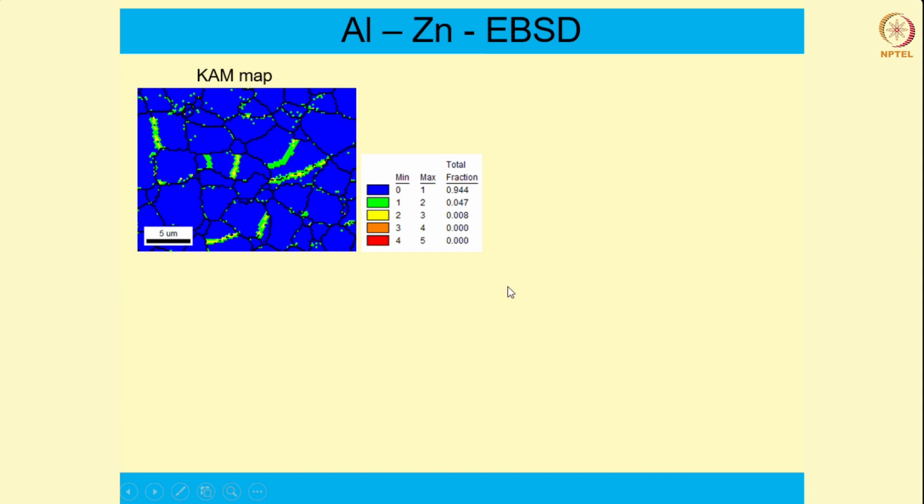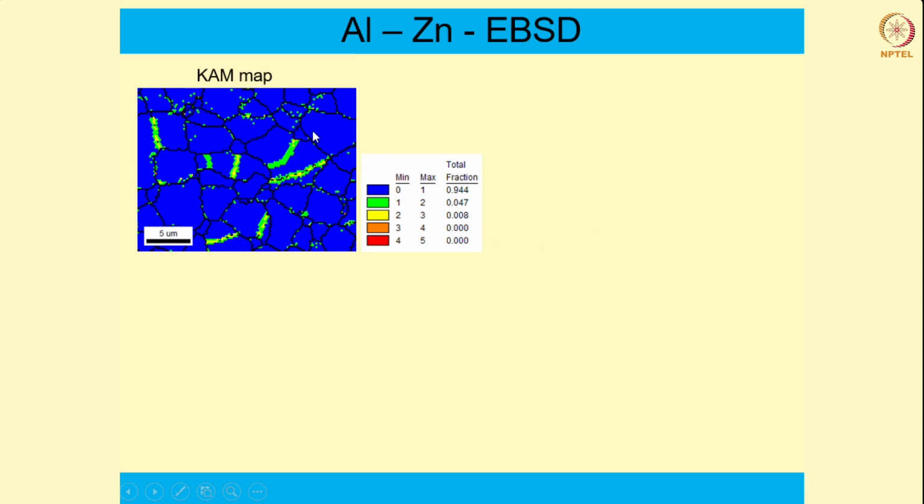The subgrain boundaries that we talked about, if you do an analysis through something known as CAM map, it will show you where the dislocations went. Where did the dislocations go? Whether they are in the grains or into the boundaries, they have arranged into boundaries and all that. This particular kind of analysis will show you that.